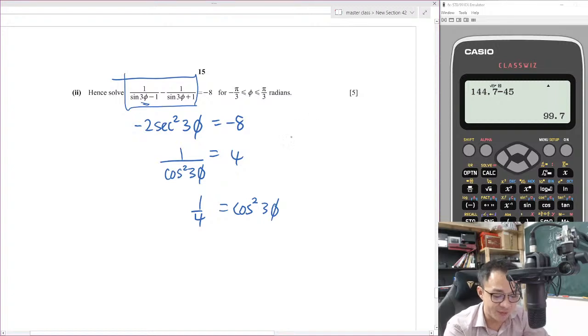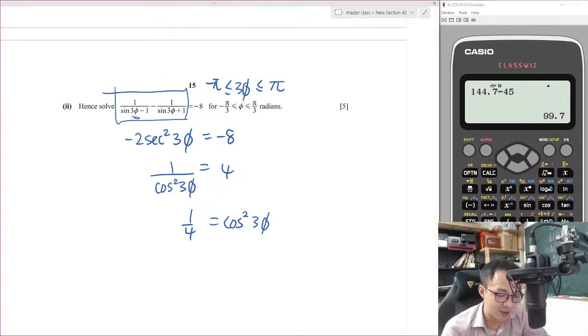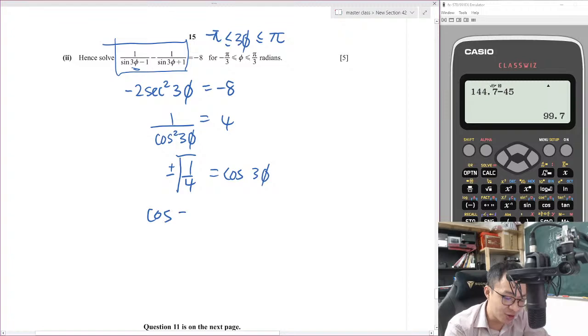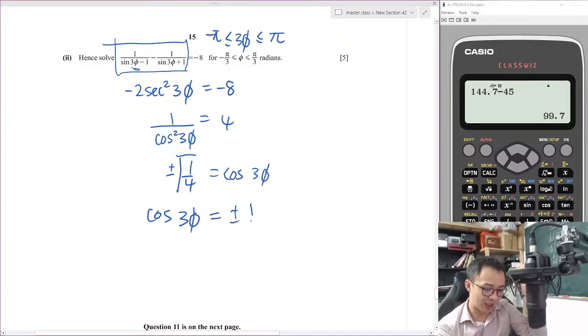But this range is for theta only, right? If I do 3 theta, I need to multiply the range by 3, so it becomes -pi to pi after I multiply it. Right now I need to move my square to the other side. It will become square root, positive and negative. So my cos 3 theta will become positive or negative 1 over 2.